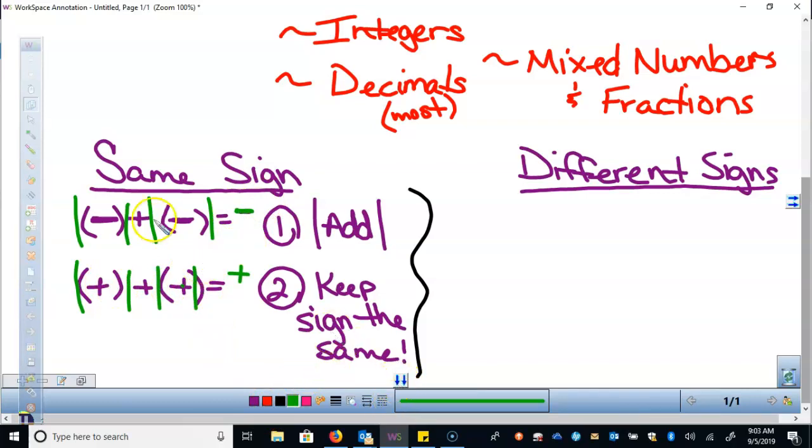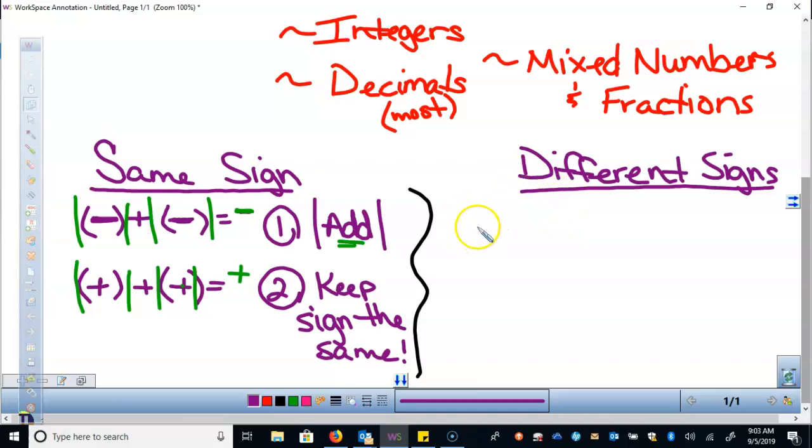From there, it's all about, do you remember how to add the specific type of rational number we're working with, whether it be a decimal, mixed number, fraction, or integer? Do you remember how to add a normal decimal? Do you remember how to add a normal fraction or mixed number? We'll get into some examples to help jog your memory.